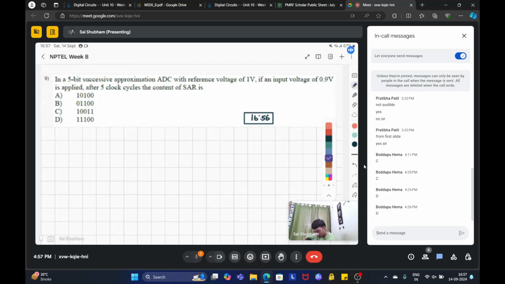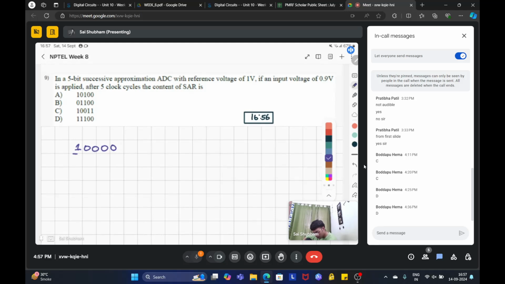So in a 5-bit SAR ADC, it starts counting from this position. The MSB will always be 1. Okay. So this corresponds to 0.5 volt. So first it will compare the SAR output voltage with your 0.9 volt input.